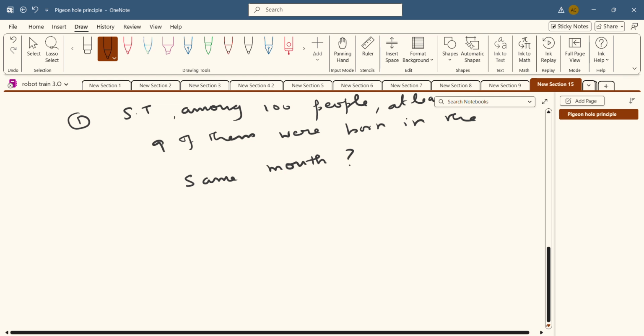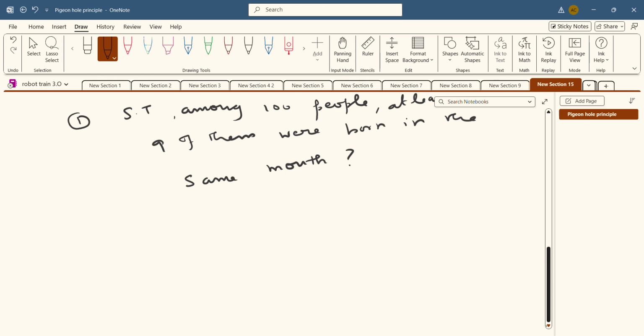Before we solve this problem, we first identify which one we consider as pigeon and which as pigeonhole. We know that pigeons are more than the pigeonholes.